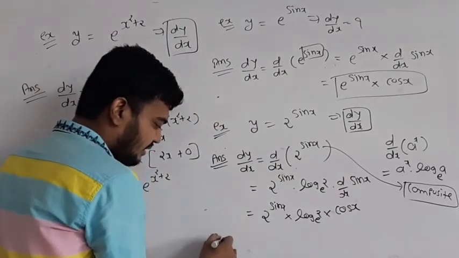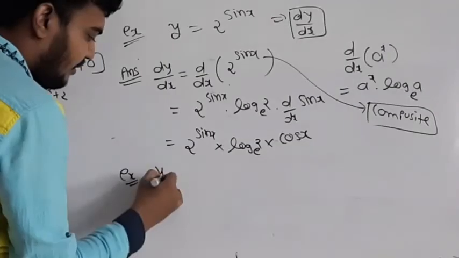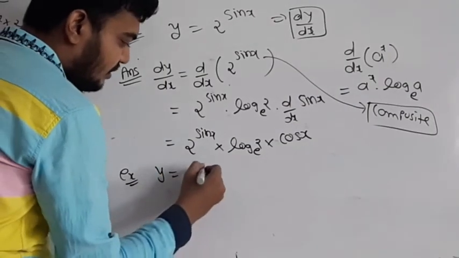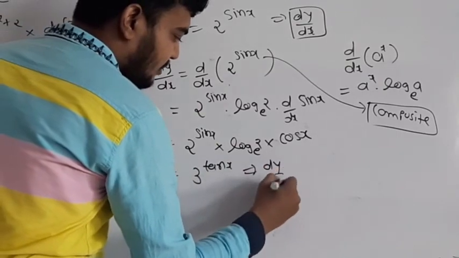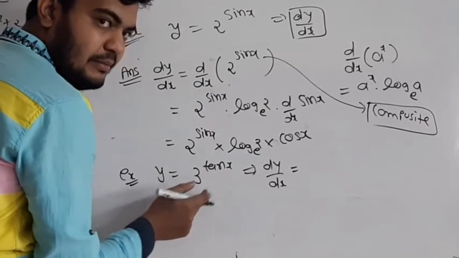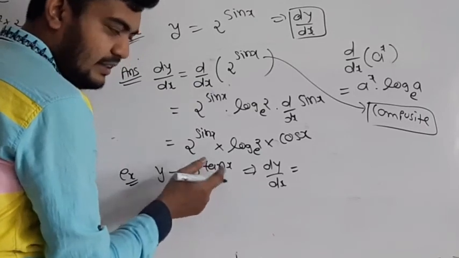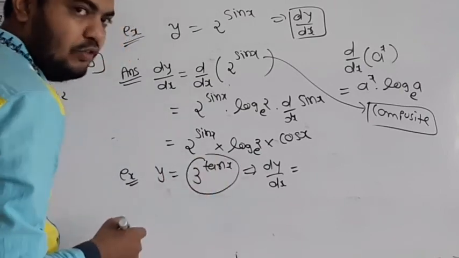Okay, taking one more example of these types of questions. If y is equal to 3 raised to 10x, what is dy by dx? Again the same: constant raised to variable, 3 is constant, 10x is variable. So it is of the form a raised to x.